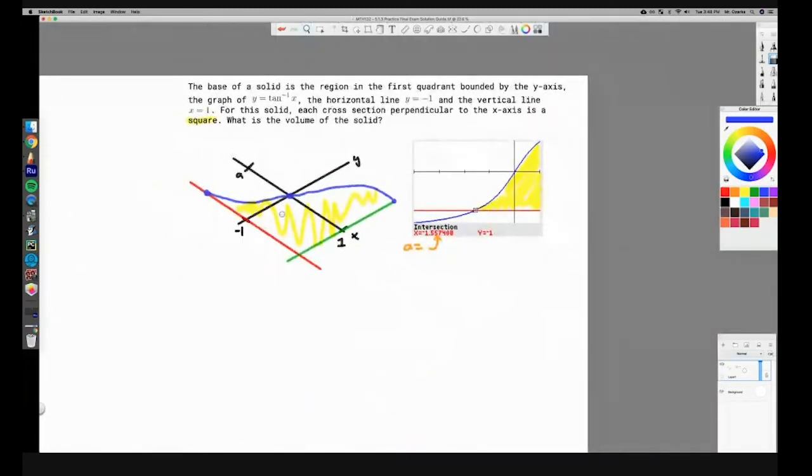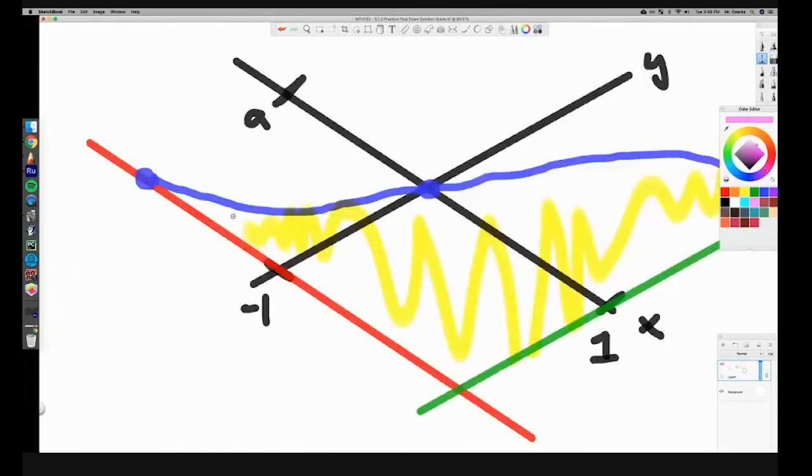All right, now we have to draw some squares. Again, you don't have to draw these if you don't want. It just helps me. Okay, here's my square.